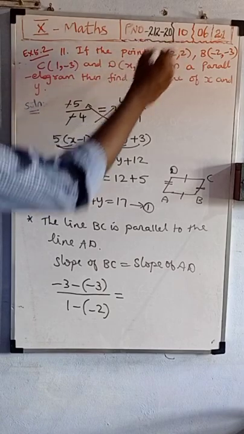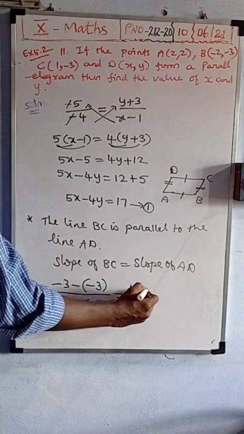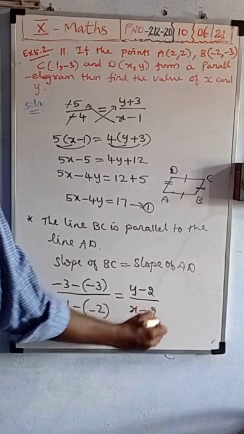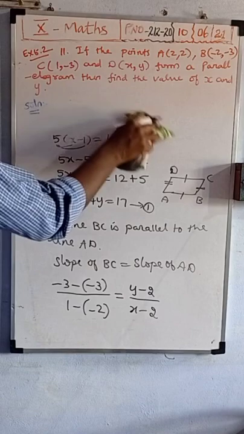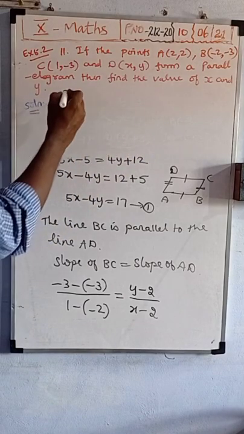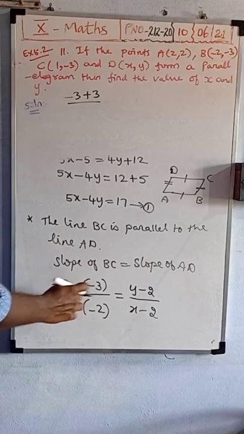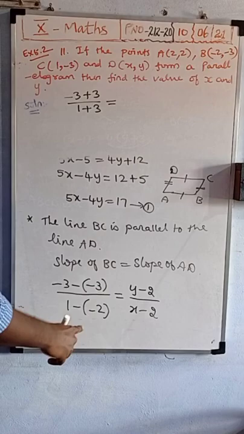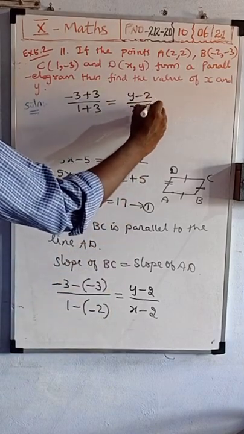So y2 value is y, minus 2, divided by x2 value x, so x minus 2. Now simplify this and we will get the answer: minus 3 plus 3, and 1 plus 2 is equal to y minus 2 divided by x minus 2.